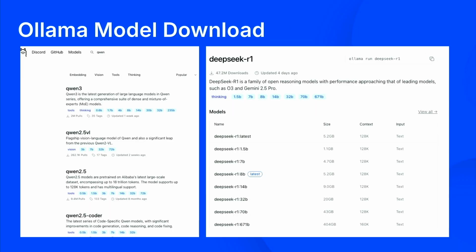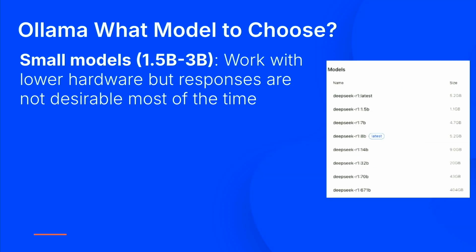So let's say you're going to be downloading the DeepSeek model, and you're going to see that there's a column for the sizes. The sizes depend on the machine that you're going to be using the model on, and the responses vary. For small models, those of 3B or less work with lower hardware, but the responses are not desirable most of the time. You won't get good responses on this one.